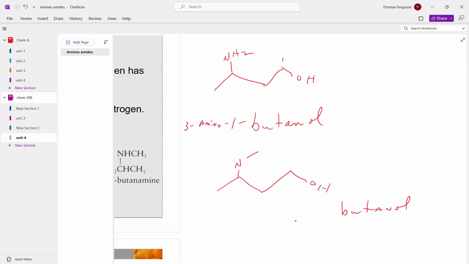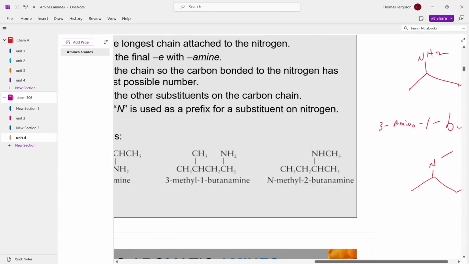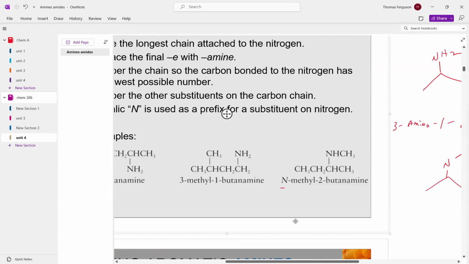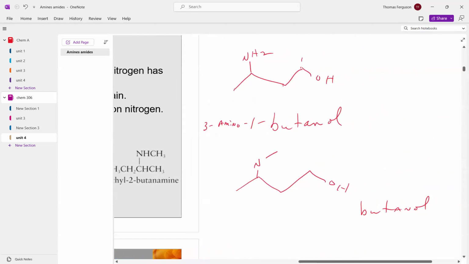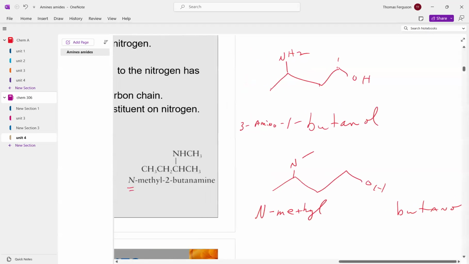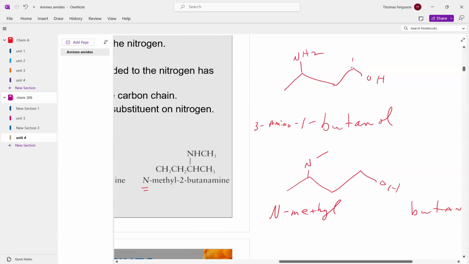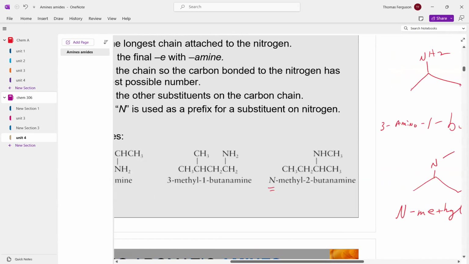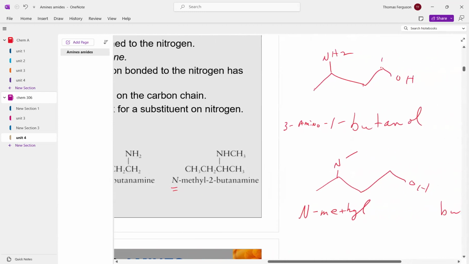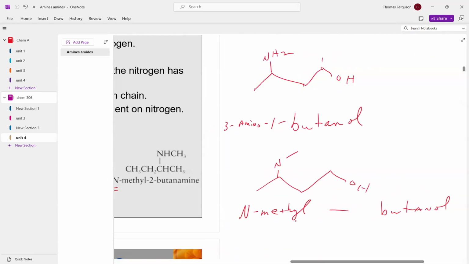Okay, the branch, though, is, if you look at the way they name stuff here, notice the uppercase, italicized N. So N-methyl butanol.